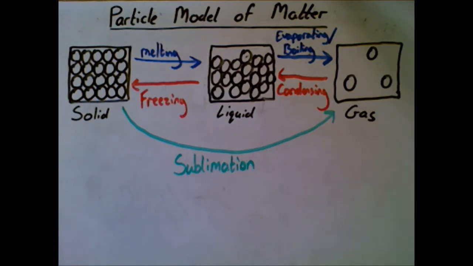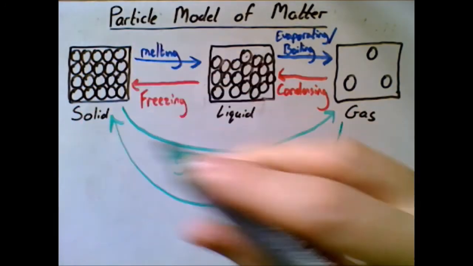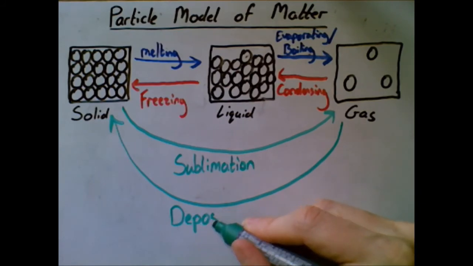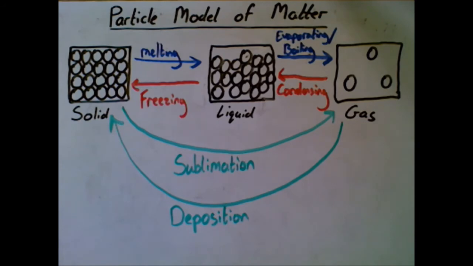So, for example, as I said, solid carbon dioxide, you'll never get liquid carbon dioxide at normal pressures. That solid turns straight into a gas. And if you want it, there is actually a word for the opposite of that, which is called deposition, or depositing, I suppose. Okay, so those are all the changes of state.